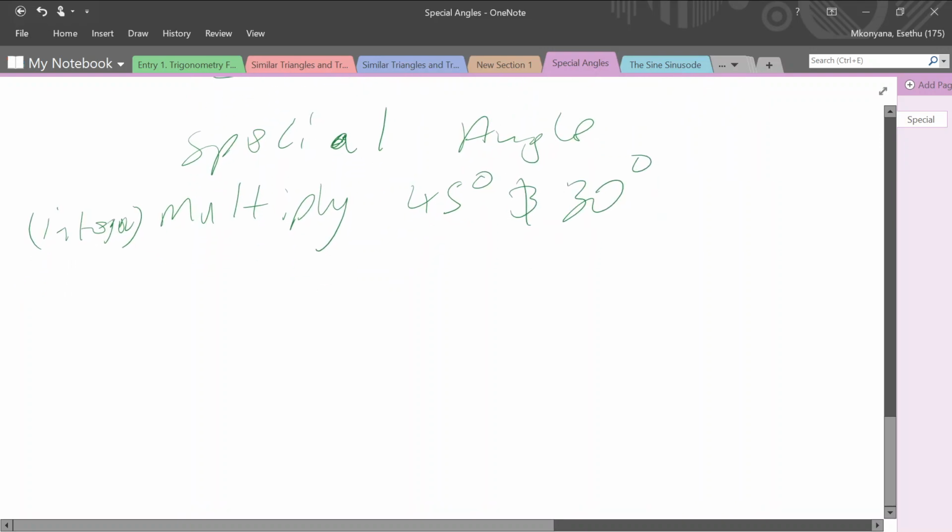What do we mean by this? We mean that any special angle that has this format, 45 multiplied by n, where n is an element of the set of integers. And what are these integers?